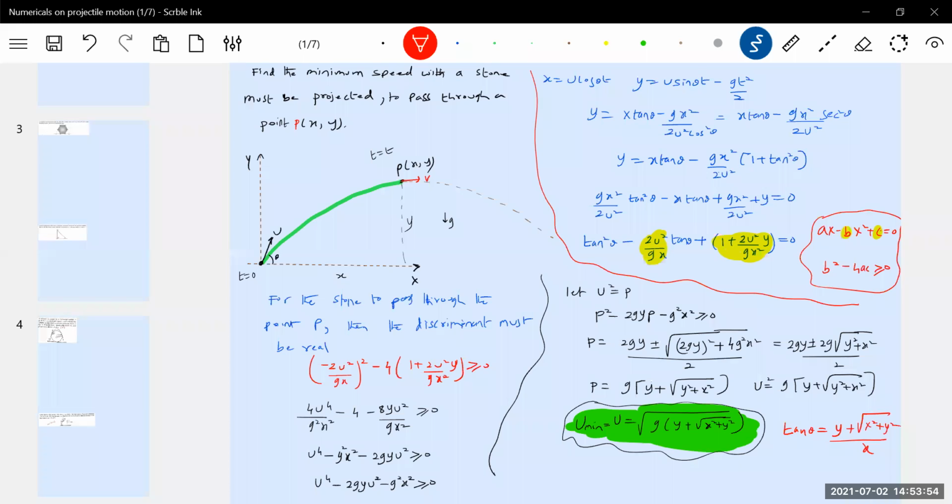This is the condition for theta. So here x and y are fixed. Try to understand, you have to project with a speed u at an angle theta. That condition for theta also we are bringing.